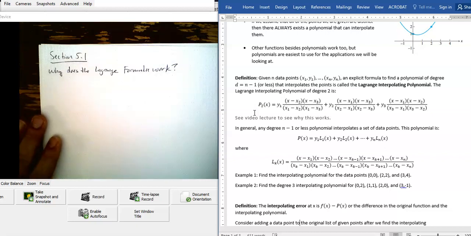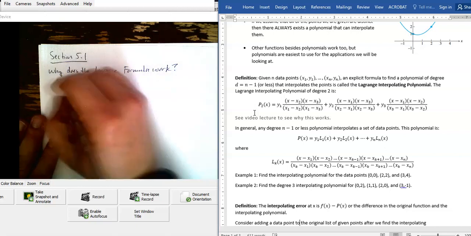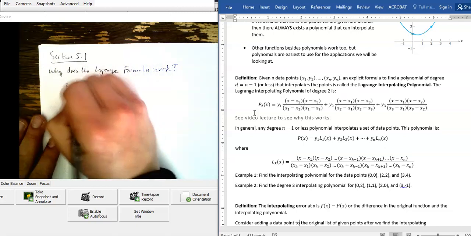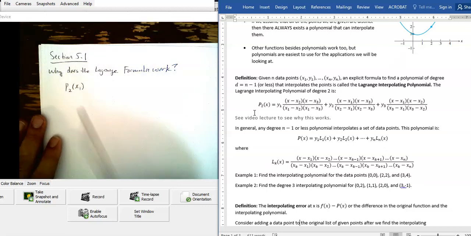Well, we want this polynomial to have 3 specific points. For all the x values of our points, we want the y-coordinates of our polynomial to be the y-coordinates of our points. So let's consider P2 of x1. When we evaluate the polynomial at x1, we're hoping that y1 comes out of it.